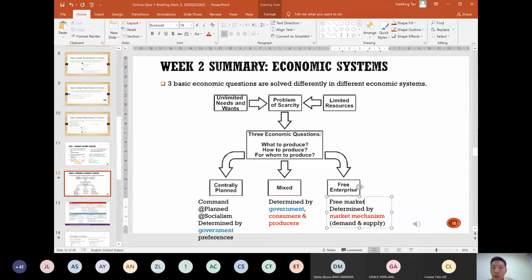Any other word we can use to describe free market economy? What is the term we use to represent free economy? Capitalism. Yes, capitalism.